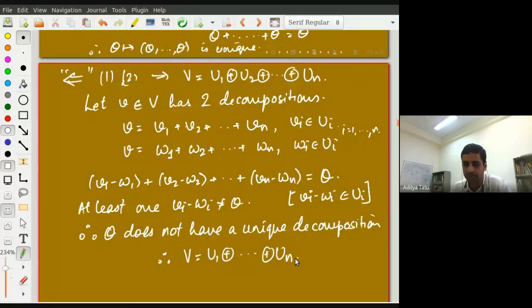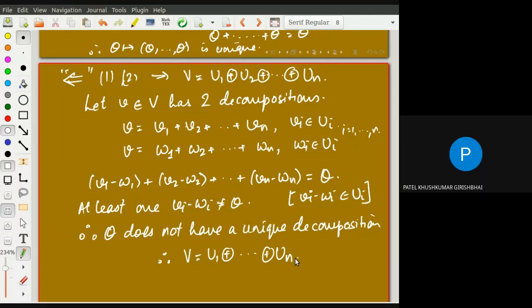Is that okay? Any doubts here? Sir, yes? V1 minus W1 is equal to theta means they both are equal, right?